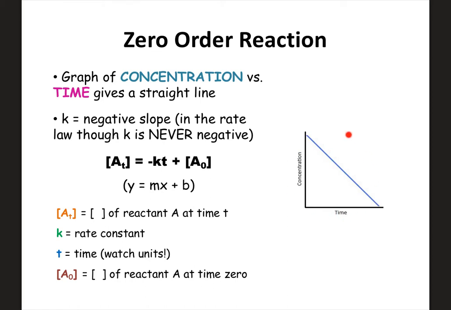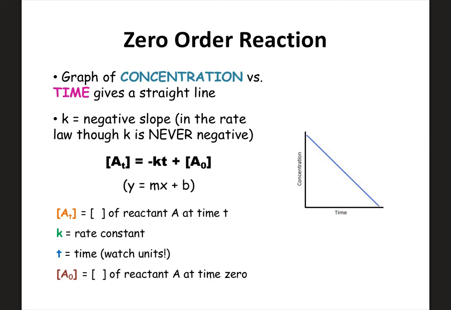If you look at the picture here, when you plot the data, the slope would be negative, but K itself is never negative. So just be careful, though. In the rate law itself, K is not negative. It just has a negative slope when you plot the concentration versus time. Again, you plot concentration versus time and you get a straight line. That's telling you that it's going to be zero order for that reactant or that reaction.